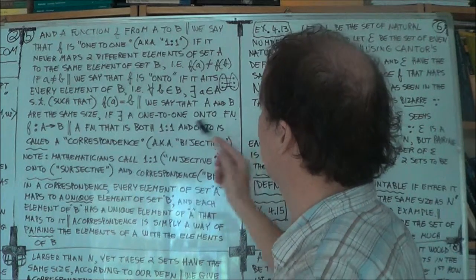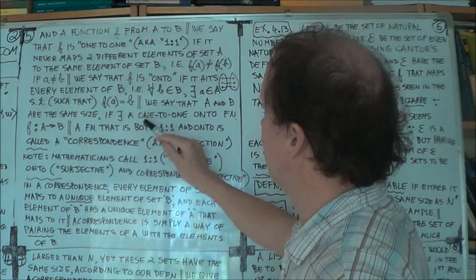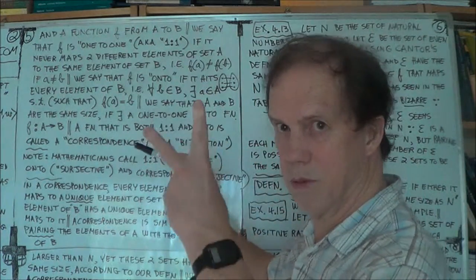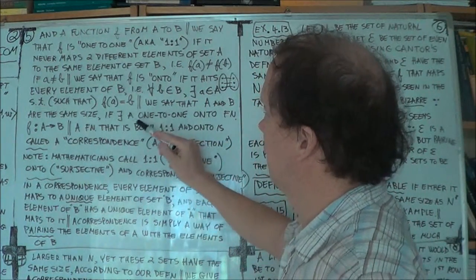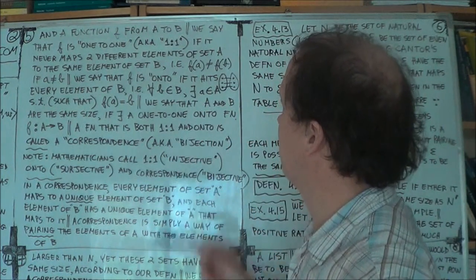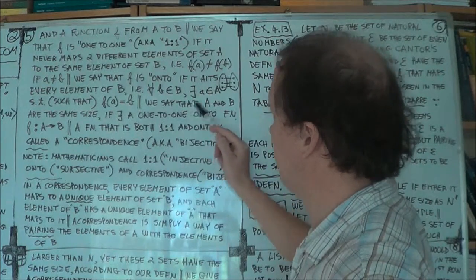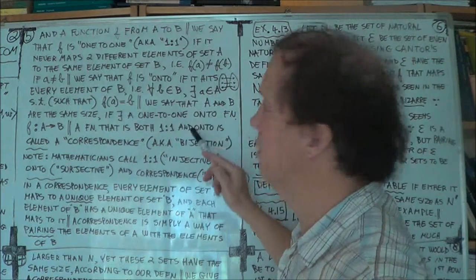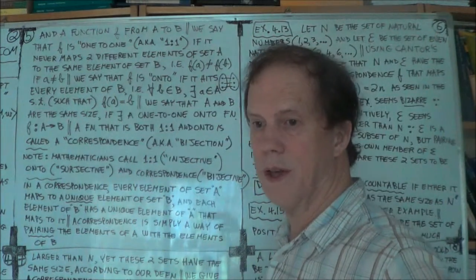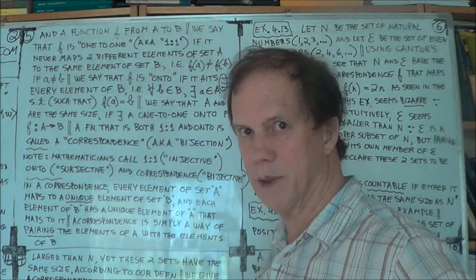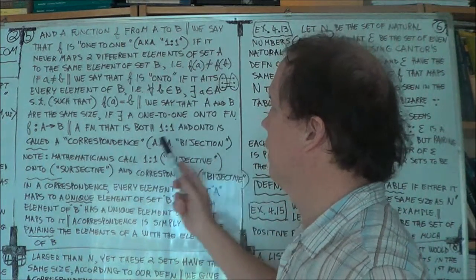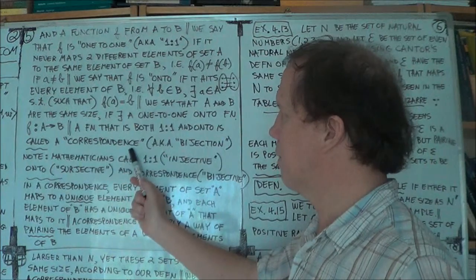Okay, so this combination of your mapping that is at the same time, so two conditions. The mapping is one-to-one and it's onto, right? That means if your mapping is one-to-one and onto, then the two finite sets, they have the same size. They have the same number of elements. Okay? Now, this kind of mapping, Sipser calls it a correspondence.